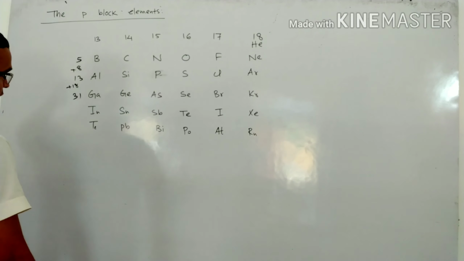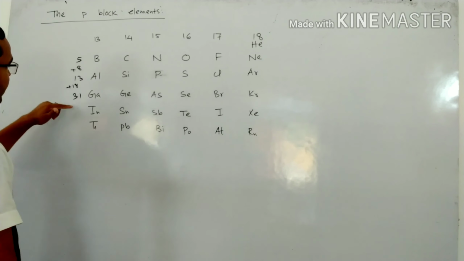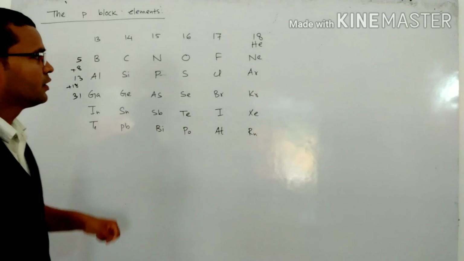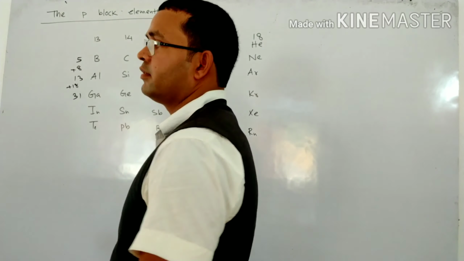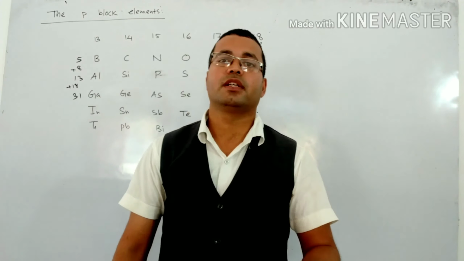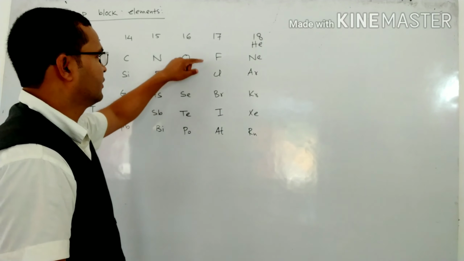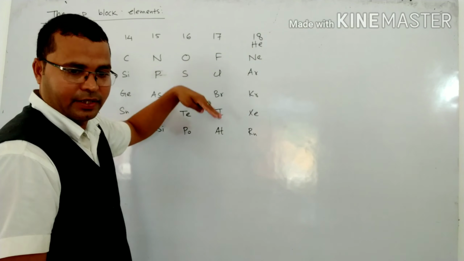So the atomic number of gallium is 31. Again you add 18, then you will get the atomic number of indium. Okay. So up to zinc, try to remember the atomic number, up to zinc is 30. And the others you can calculate by the technique, after adding the value.